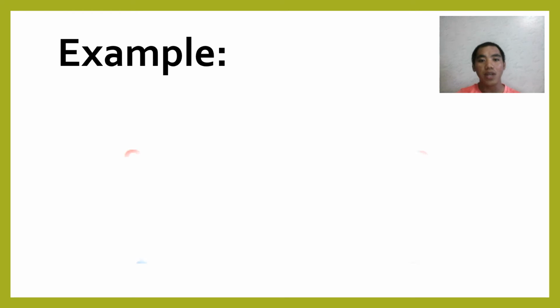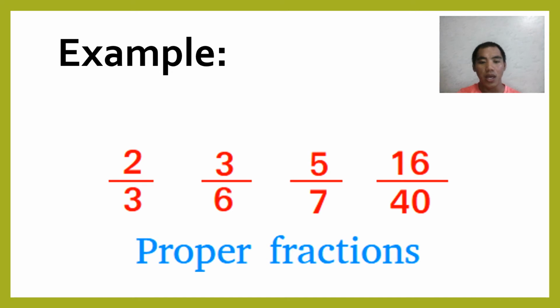So this is now the example of a proper fraction. It has a numerator smaller than its denominator. Example there is 2 over 3, or 2/3. This fraction has a numerator of 2 and a denominator of 3.